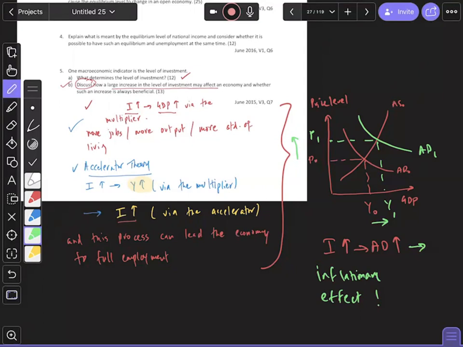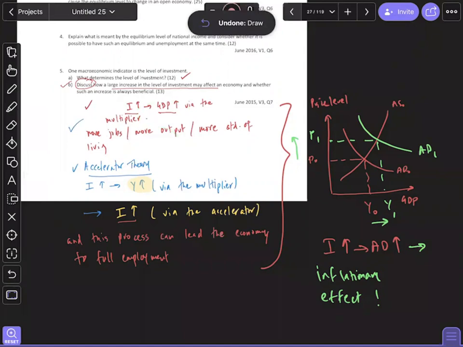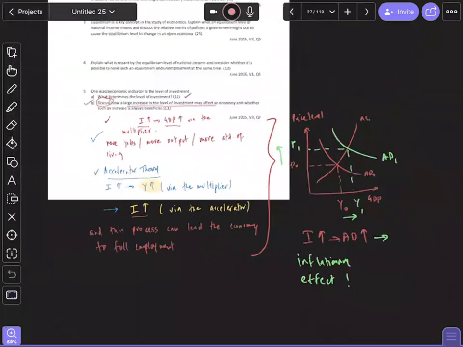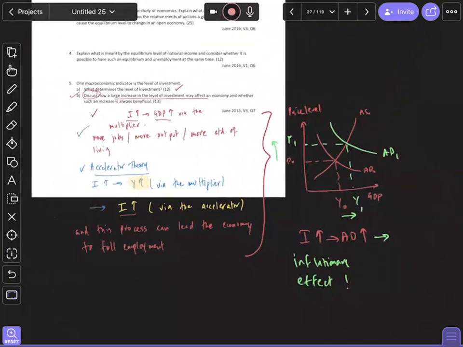Yes, sir. Yep. There are other arguments that we can also write here, which we can go over later, which link with economic growth. While a rise in investment can cause economic growth to happen, that could sometimes be not so good for the economy, because rising AD means inflation will happen.